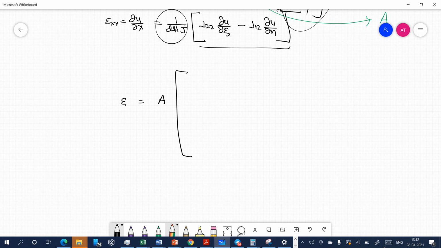Shouldn't call it a strain tensor, I should call it strain matrix, is equal to A matrix into this matrix of partial derivative with the local coordinate system, and del v by del eta. But I need to further simplify this matrix also. How do I do it?